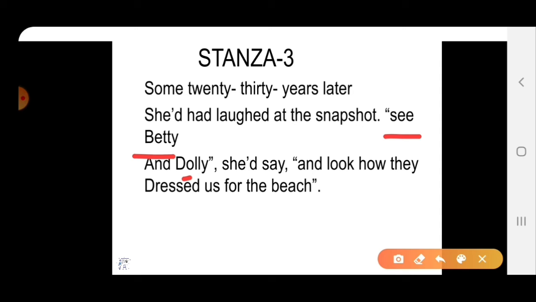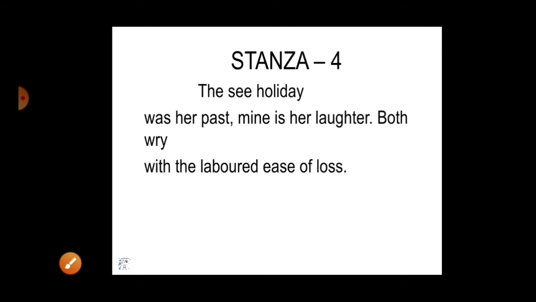Here the poet says that she would tell me to look at her cousins, Betty and Dolly. And she would tell how their parents would dress all three of them up for the beach. They would have planned to take a photograph beforehand. It was their planning to go to the beach and to take a photograph. Right? Now we will read stanza 4.